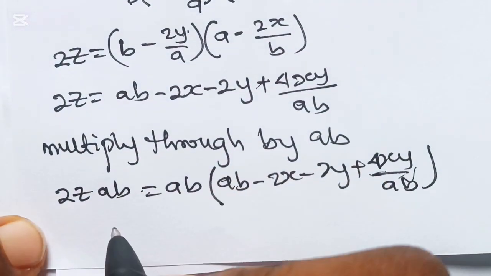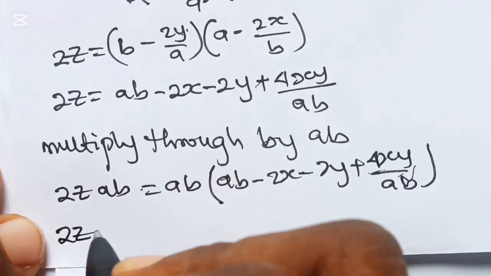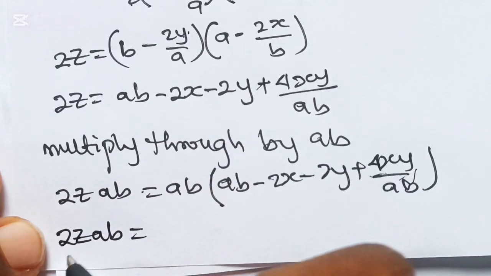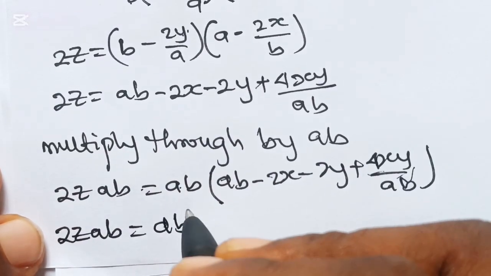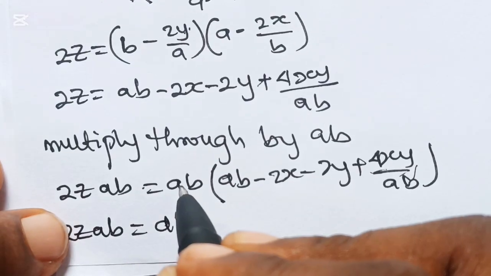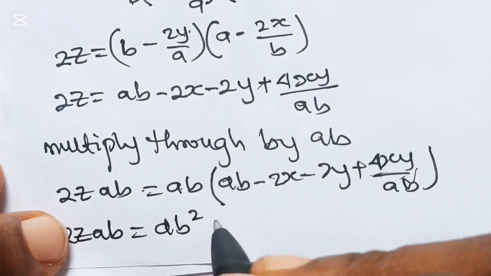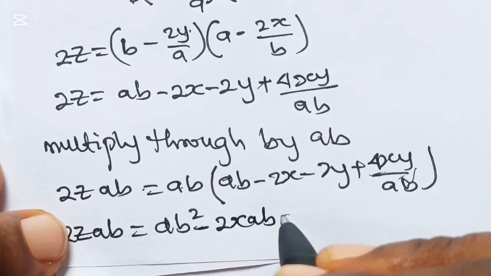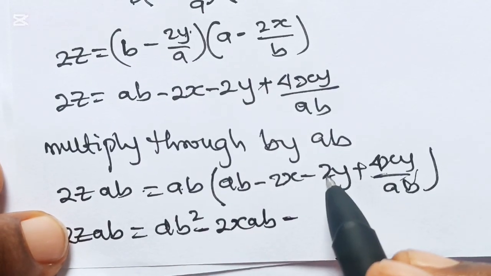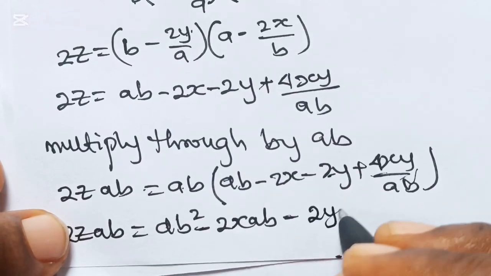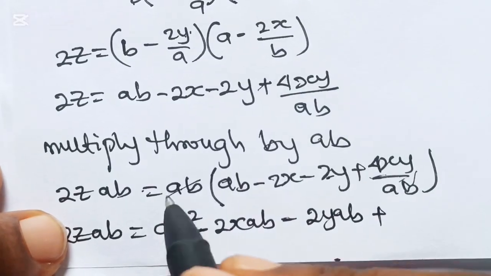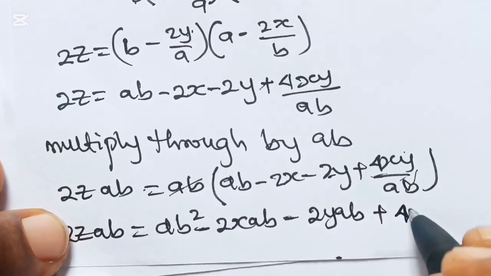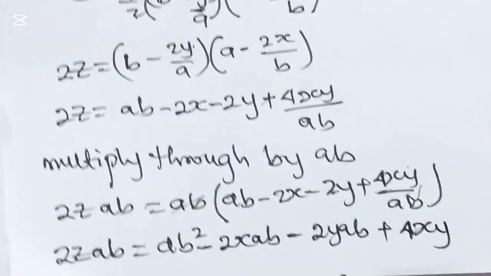All right, so we have 2zab is equal to ab times ab is ab squared, then ab times minus 2x is minus 2xab, then ab times minus 2y is minus 2yab, and we cancel ab in this case and we have 4xy.